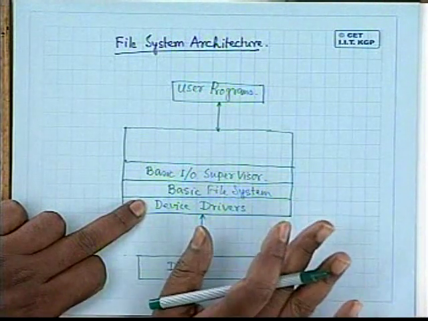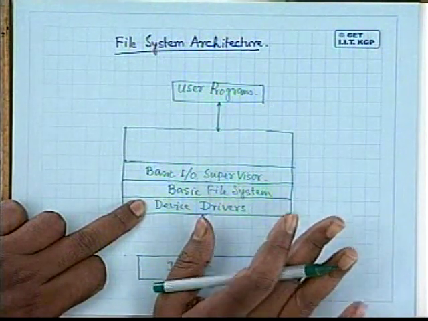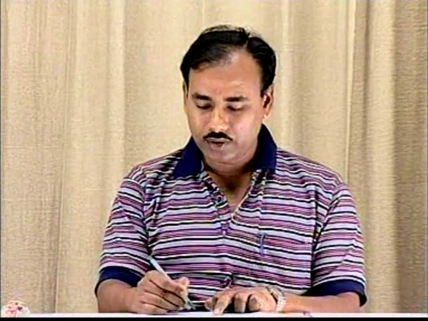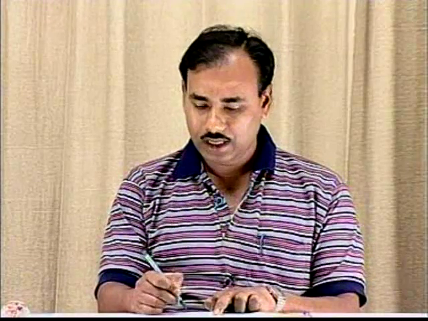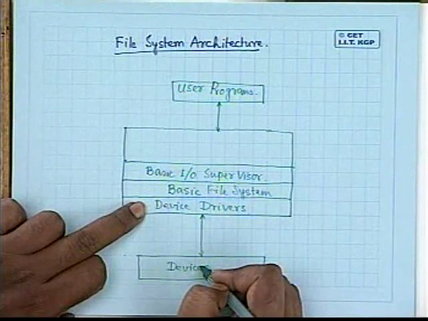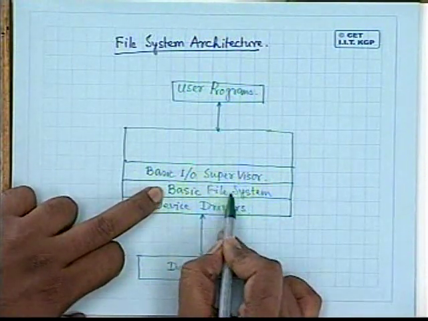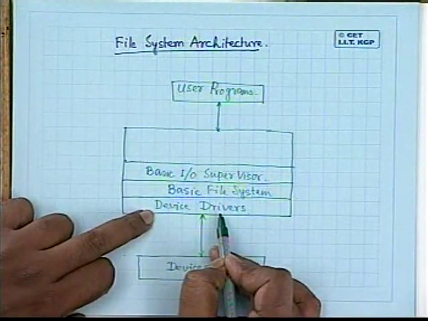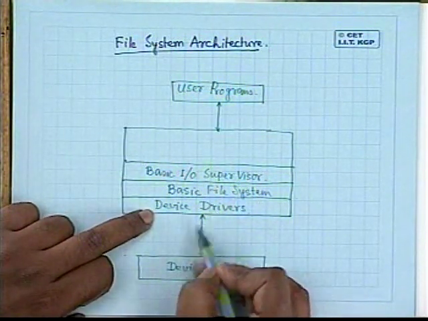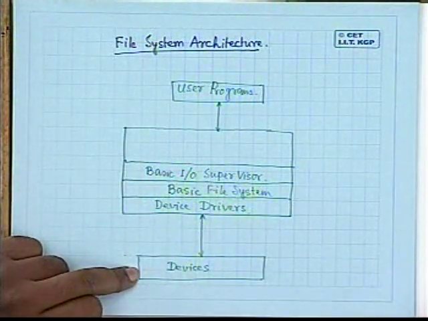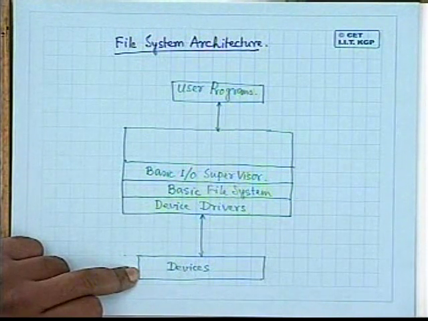That means whenever the IO has been completed. So for example, we want to read a particular block from the disk. It has to start reading the block from the disk. Similarly, when a particular block from the disk has been read, that will be placed on the buffer by this basic file system. But it is the device driver which is responsible for sending an interrupt or something to the CPU indicating that that particular IO operation is complete.